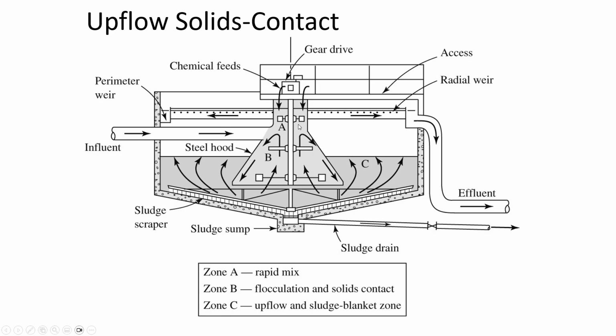And then as the diameter of this central zone is increasing, what that does is it slows down the velocity of the water. So we're gradually tapering the velocity down so that we don't disturb the flow set up here in the main upflow and sludge blanket zone.